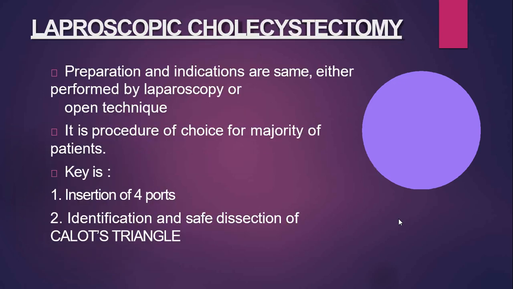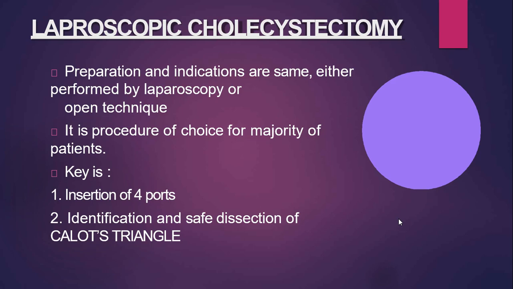For the laparoscopic cholecystectomy, the preparation is the same, and you just need to know a few important points regarding laparoscopy. You have to put the first port by open technique, meaning you will see and then put the port.